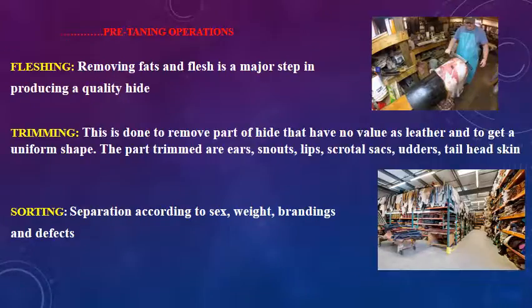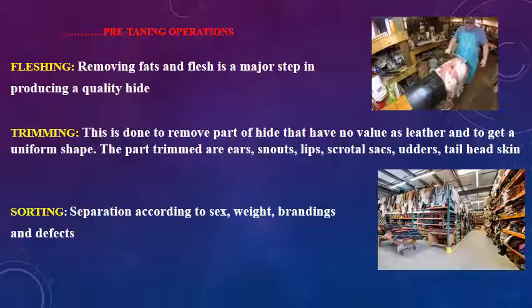The next step in pre-tanning operation is fleshing, that is removing fats and flesh, a major step in producing quality hide. As I said, below the skin there will be a lot of subcutaneous fat and also some flesh or muscles, so that should be removed. The next is trimming.